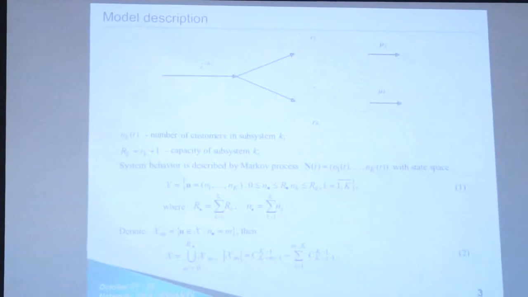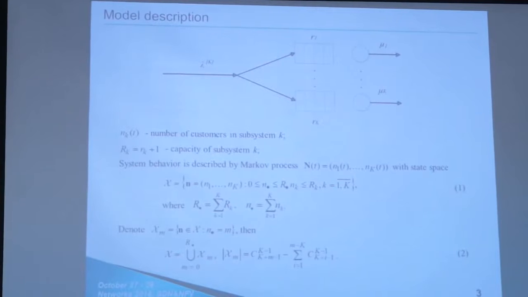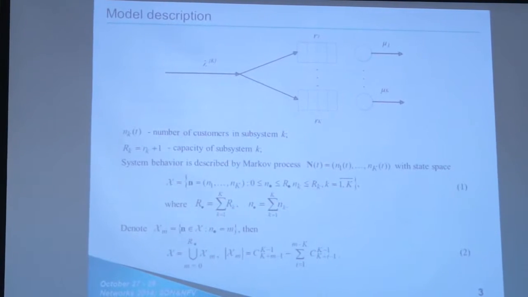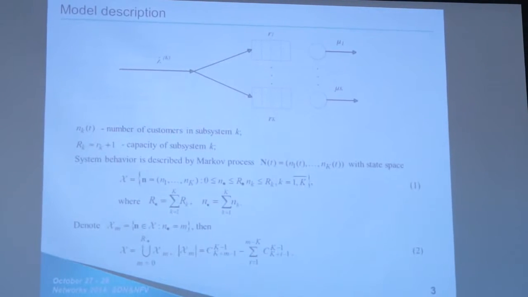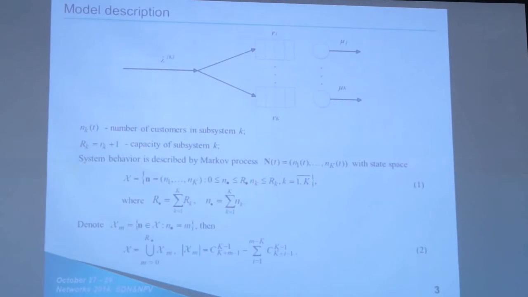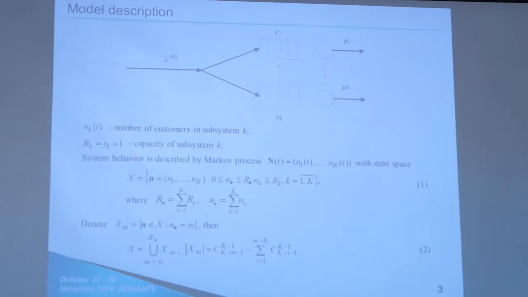For this purpose, we consider a model with K servers, each of them having a separate queue. Customers arrive to the system in batches, with exactly K customers in a batch. Upon arrival, these customers are distributed between servers, so that each server receives exactly one customer.